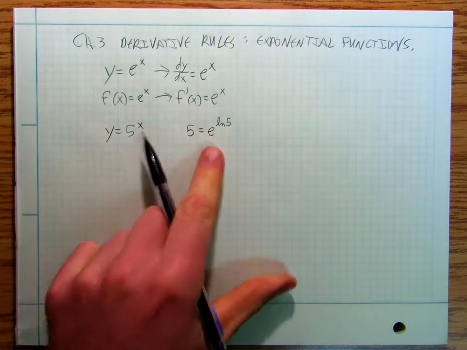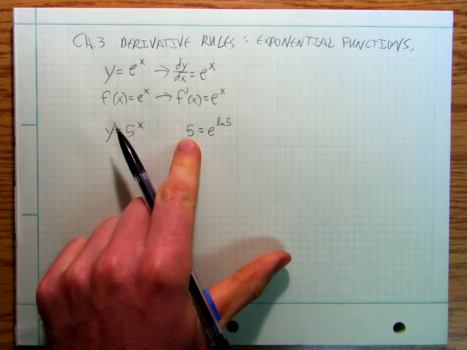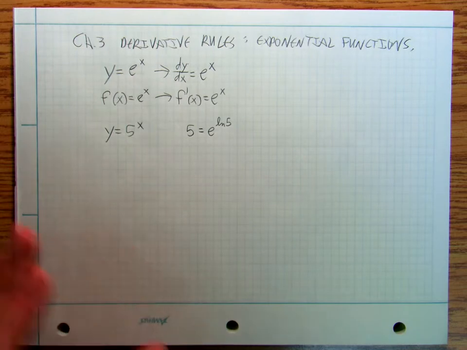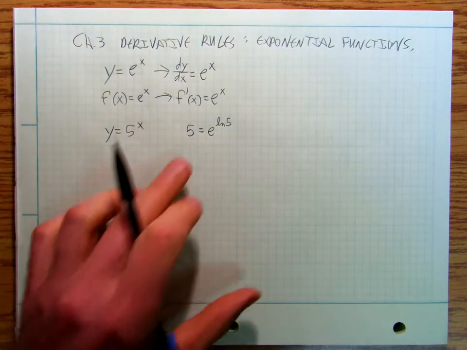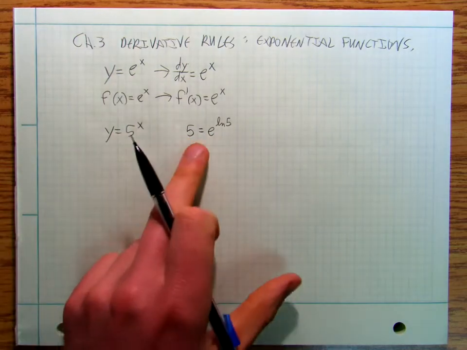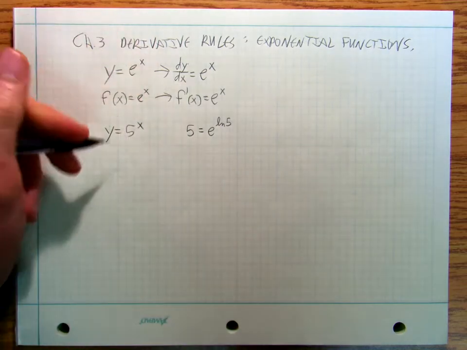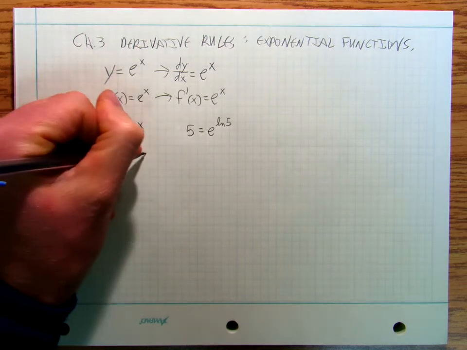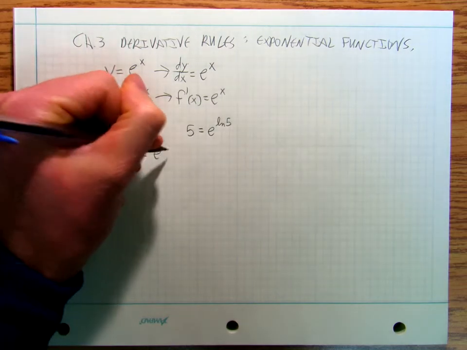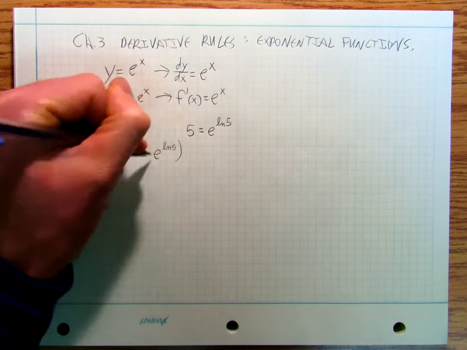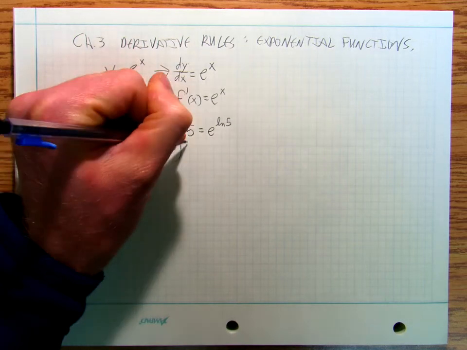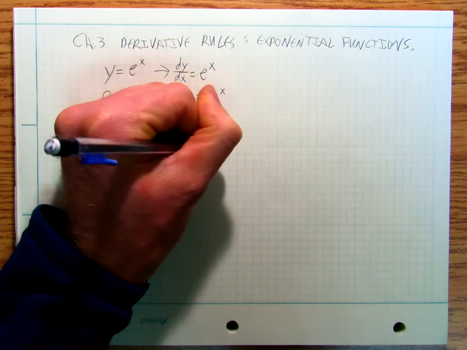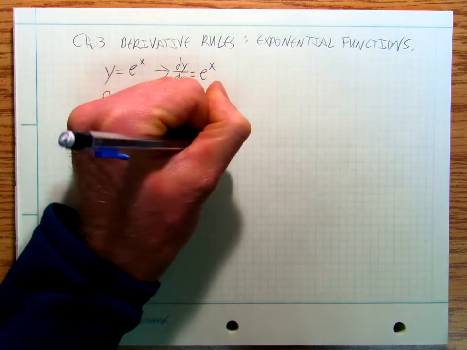Well, why am I going to want to write 5 equals e to the ln 5? The reason is that I can write y equals 5 to the x as e to the ln 5 to the x, and I can write that as e to the ln 5 times x.